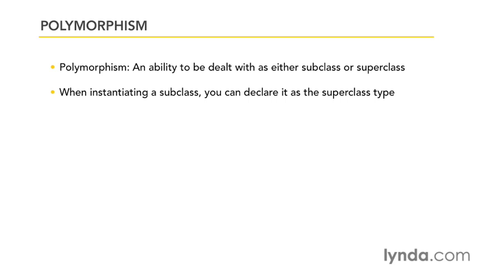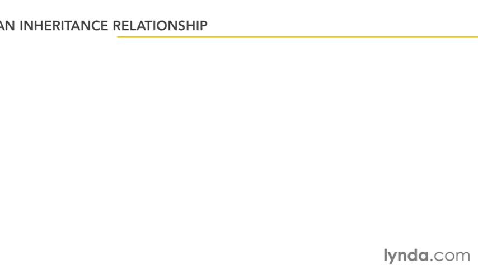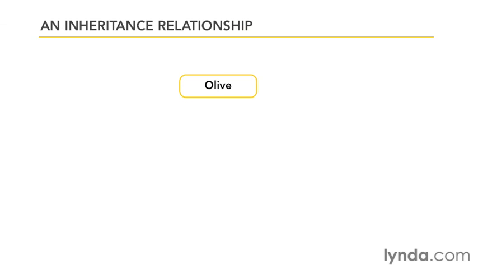If it's a class that you're instantiating by calling a constructor method, you call the constructor method from the subclass, but you use the data type of the superclass. When you've done that, it becomes possible to take that object, which you declared as the superclass, and pass it to any method that's expecting an instance of the superclass. When you have an inheritance relationship, this can give you enormous flexibility in designing your code.